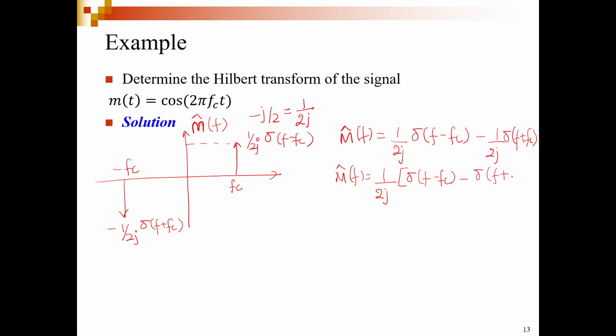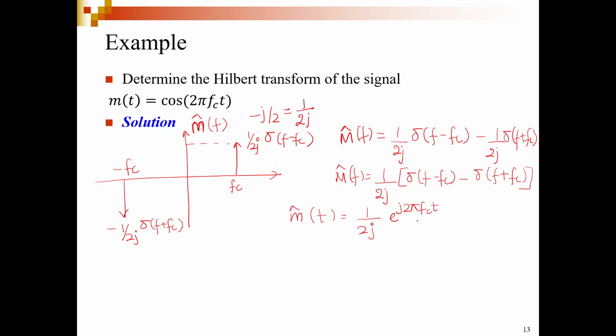We know that when you take the inverse Fourier transform of the above expression, we are going to get 1 by 2j. By the shifting property, the inverse Fourier transform of delta f minus fc is e to the power j 2 pi fc t, that we know already.